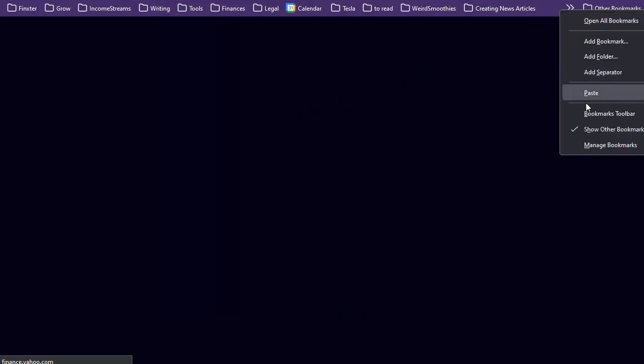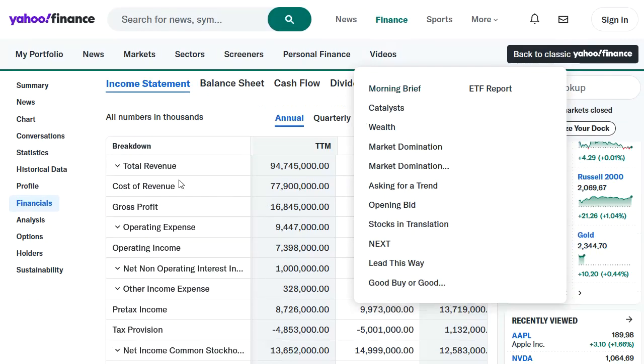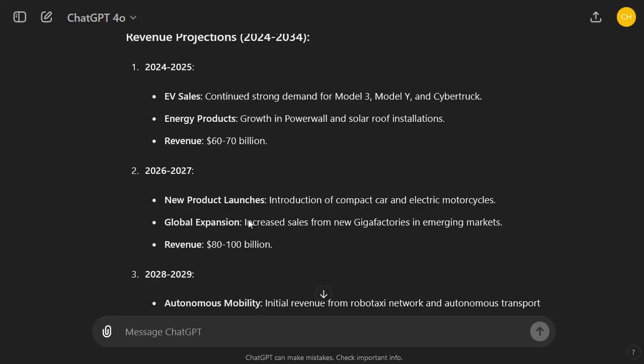Maybe we need to do some iterations here because here in the income statement, total revenue is already like 94 billion, as I said. So the total revenue in 2024 already is roughly 100 billion.